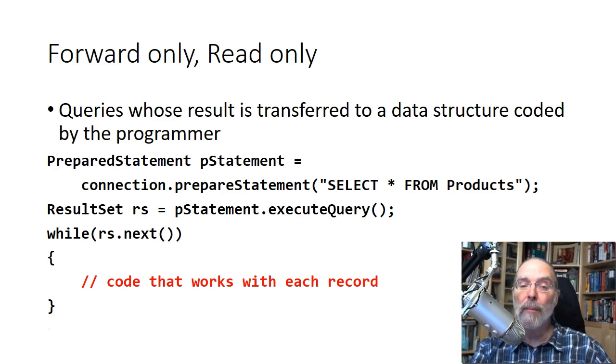Now, the first time I call next, I will advance to the first real record. Or, if no records were found, no advance happens. You can see that rs.next is in a while, which means that its return value has to be a Boolean. We will loop through the result set as long as next can move to a subsequent record. So this ensures that we process either no records because none were found, or only as many records as are available through the result set.